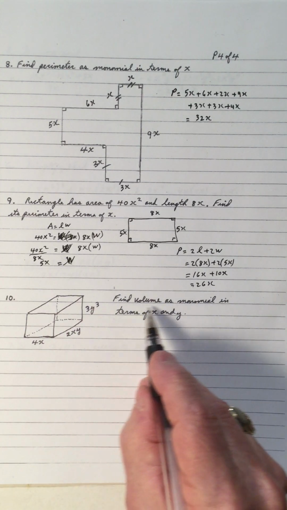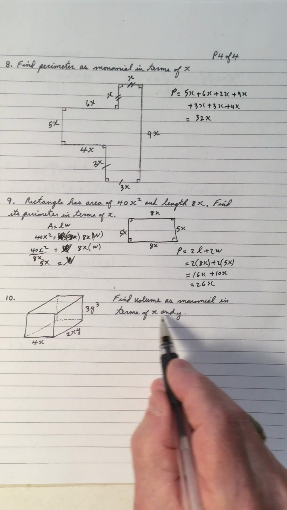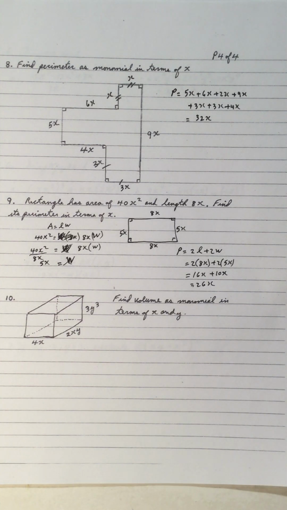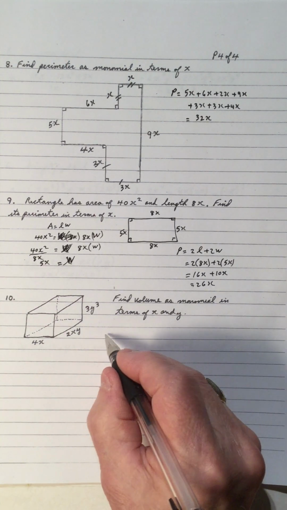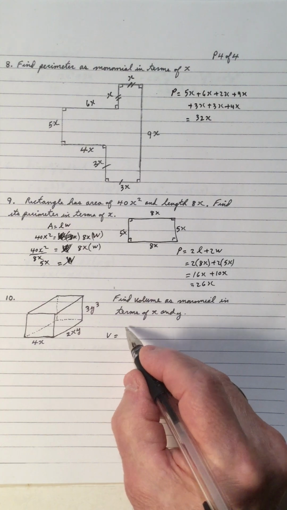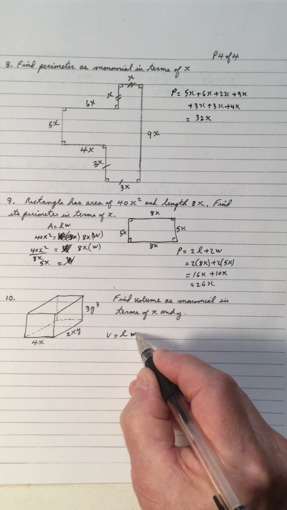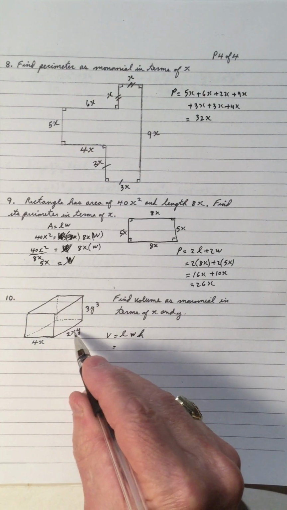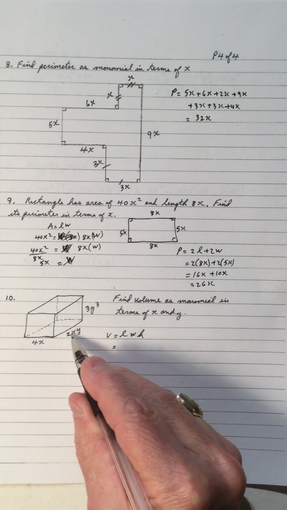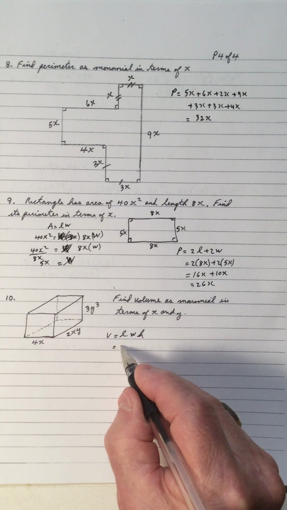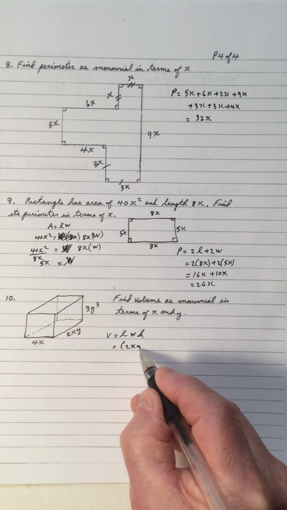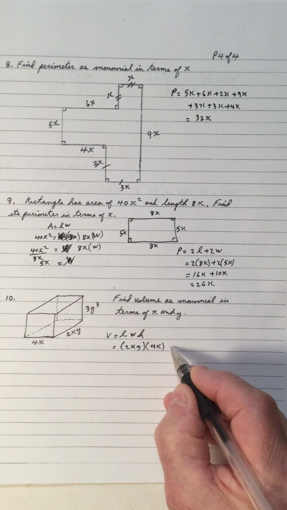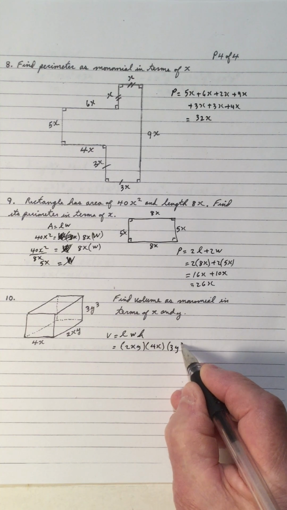Now we have find the volume as a monomial in terms of x and y. So this is a box, a rectangular solid. So the volume is the length times the width times the height. The length is 2xy, the width is 4x, and the height is 3y squared.